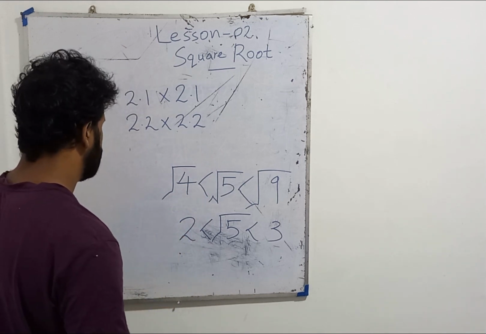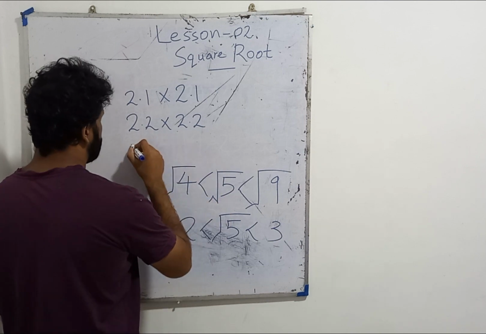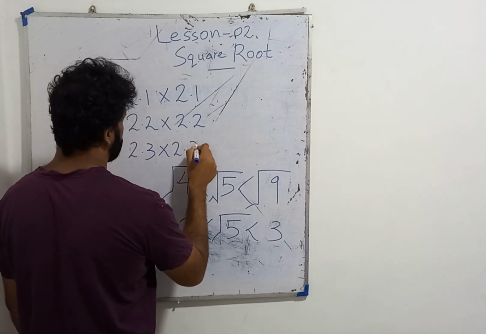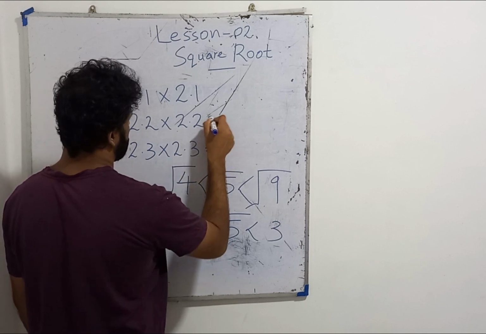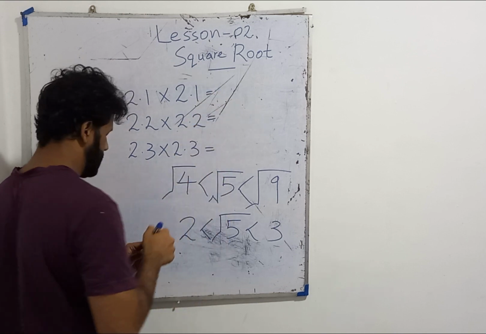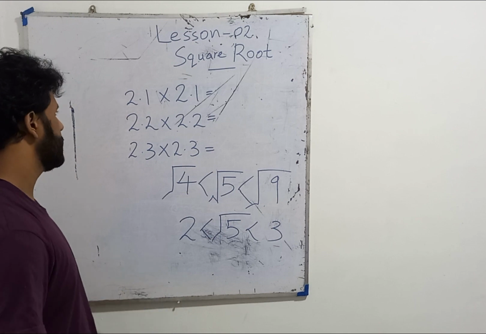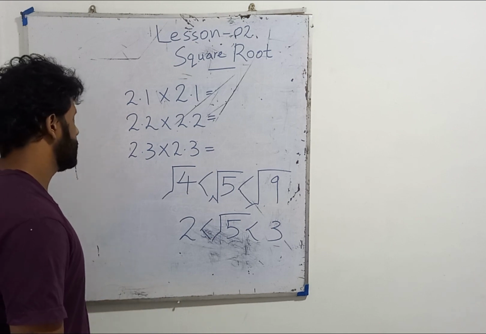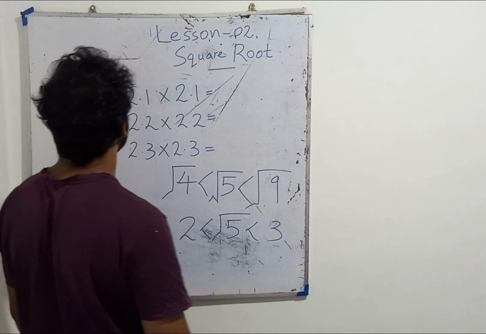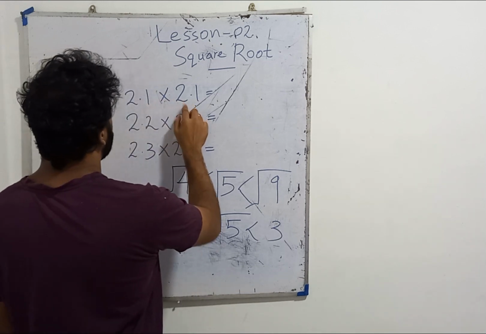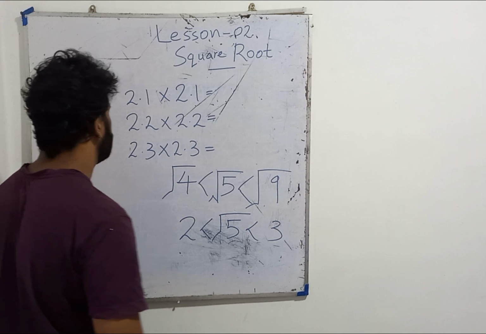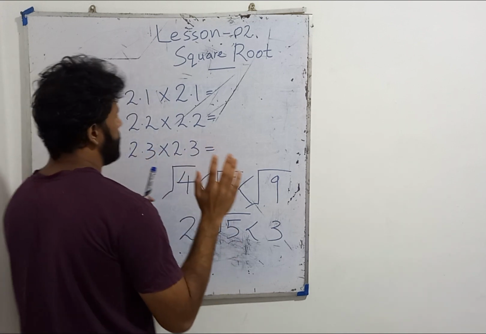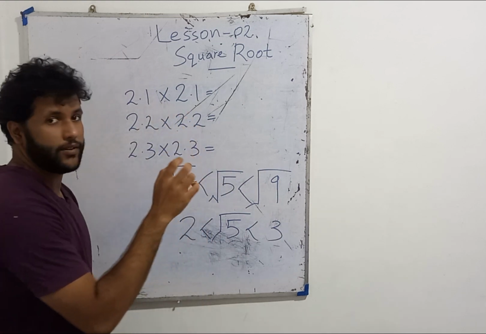Then 2.3 into 2.3. Like this. Then 2.1 and 2.1. Now we have to multiply decimals.